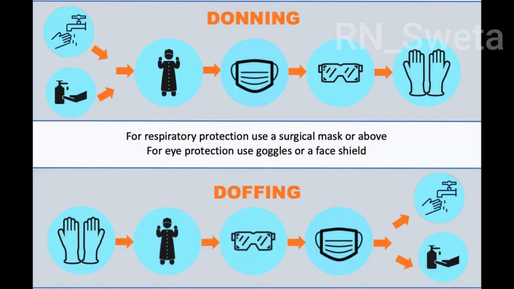Similar to the steps that we had while donning the PPE, we also have steps to follow for appropriate removal of the PPE after you are done with the procedure. So let us learn how to step by step remove the PPE after the procedure.